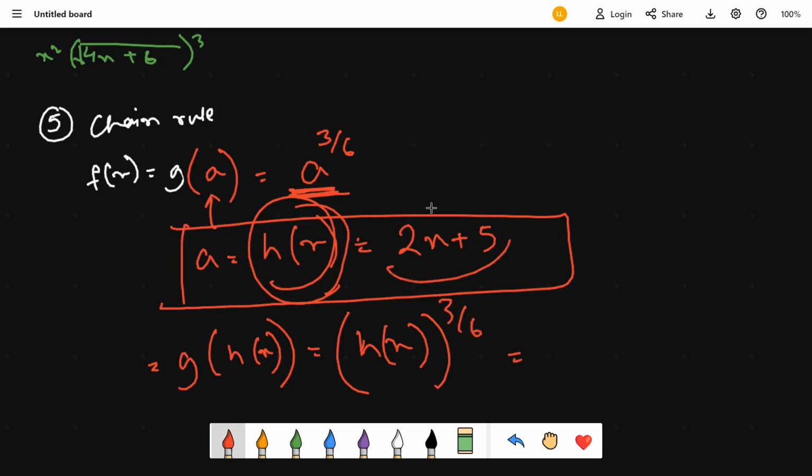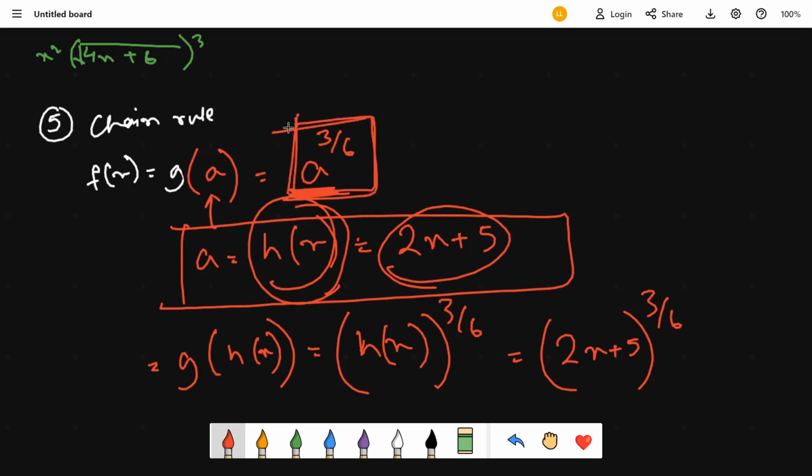And h of x is 2x plus 5, so we simply substitute 2x plus 5. So this whole thing was a function when that a itself is another function, which is h of x.